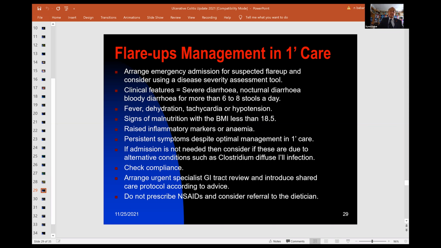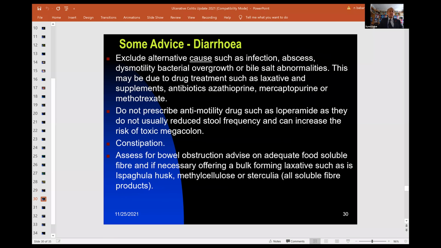Patients should not be treated with NSAIDs like ibuprofen, naproxen, Voltaren, because it would exacerbate megacolon. So there's some helpful advice. When such a patient has diarrhea, do not prescribe loperamide, that is Imodium, or Buscopan. You need to consider excluding gastroenteritis or a flare-up of ulcerative colitis.